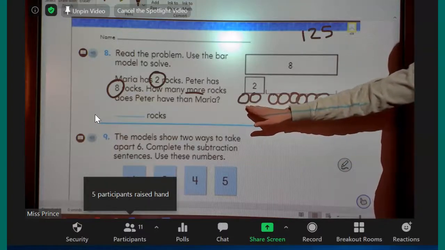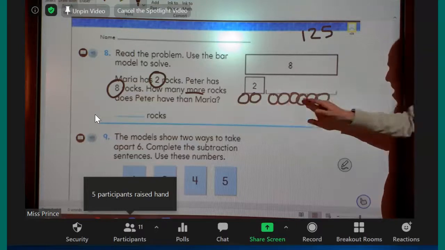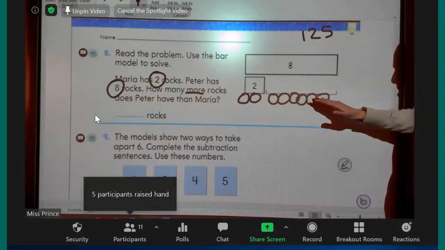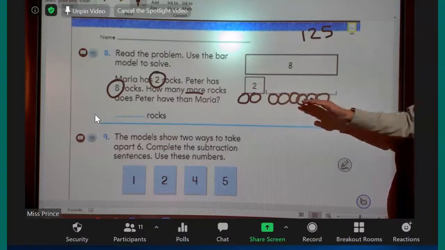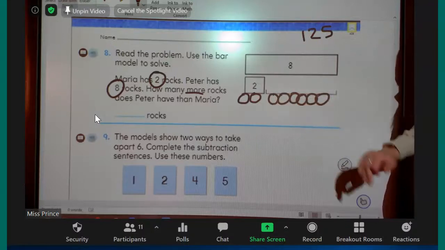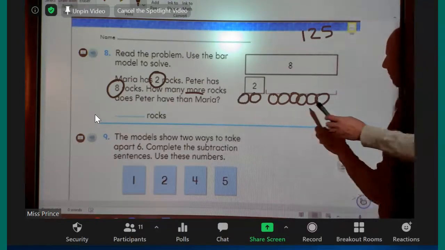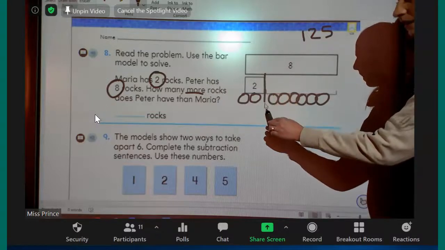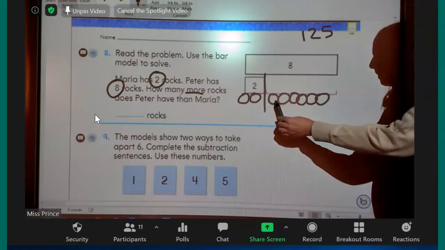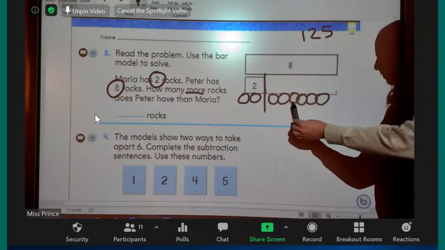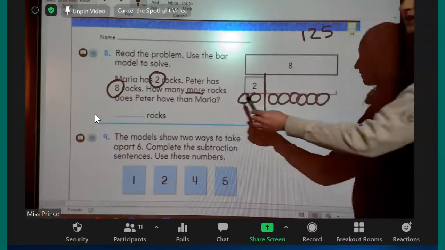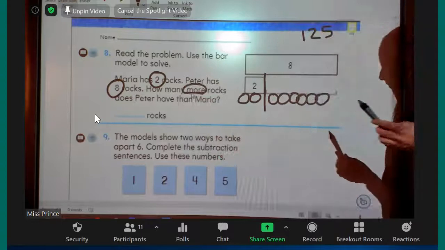Here's how many Maria has. Peter has all of these, so we're trying to figure out the mystery part, the part that he has more. 1, 2, 3, 4, 5, 6, 7, 8. So 8 is all together, but remember, this part right here, we already know that there's those 2. We just need to count these ones. That's the mystery part. That's going to tell us how many more.